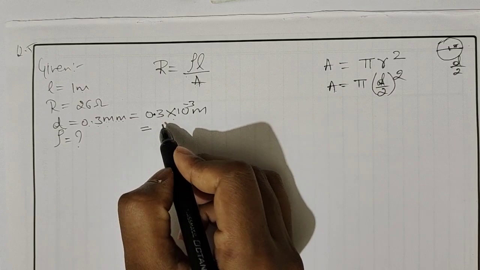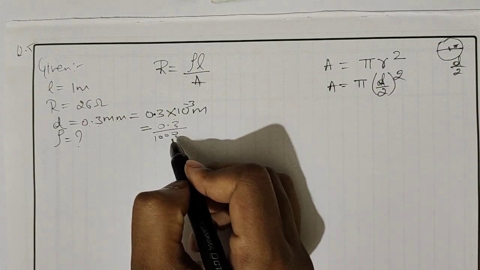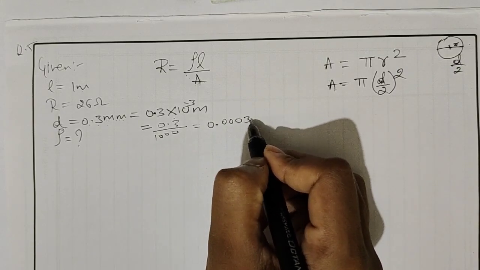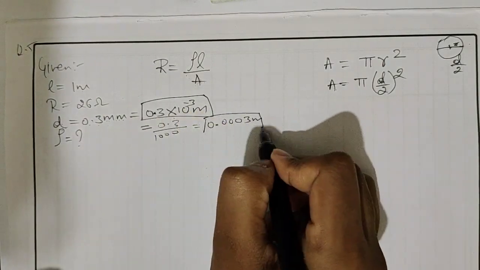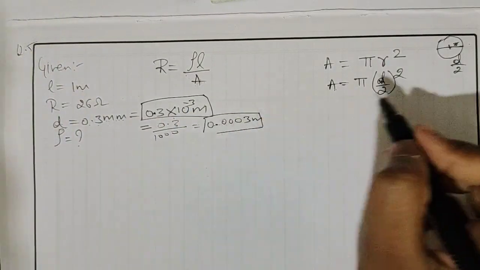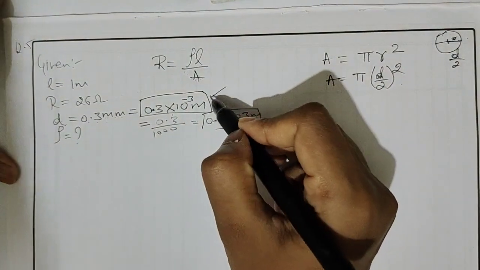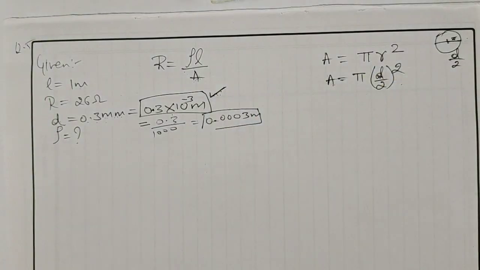That means 0.3 divided by 1000. Earlier scientific notation you can use here. So this exact value is nothing but 0.0003 meter. Listen, either you can use this one or this one. However you are comfortable with the calculation, that value you need to choose. But I'll recommend you to use the scientific notation form so that it is easy for us to calculate.